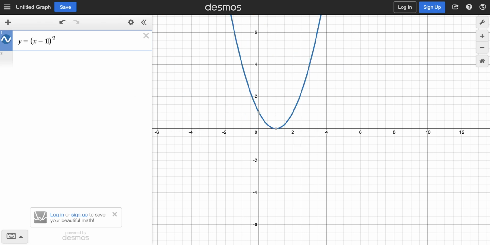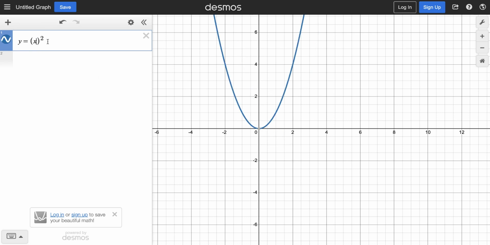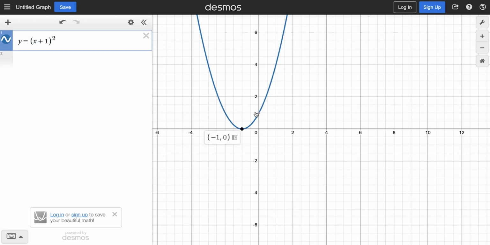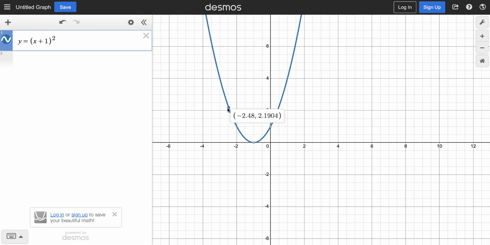So when you subtract a number, it moves the graph that number to the right. And if you add a number, it moves that number to the left. This is what you might have learned from algebra class with polynomials, how to shift polynomials. With sine functions, it's the same thing.